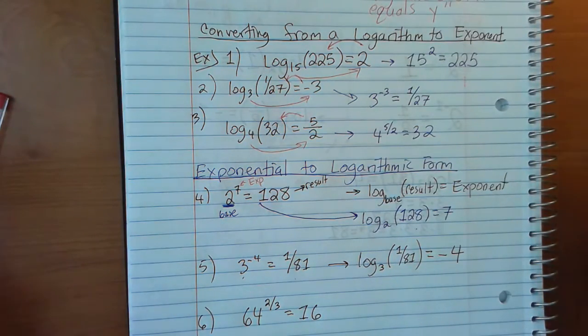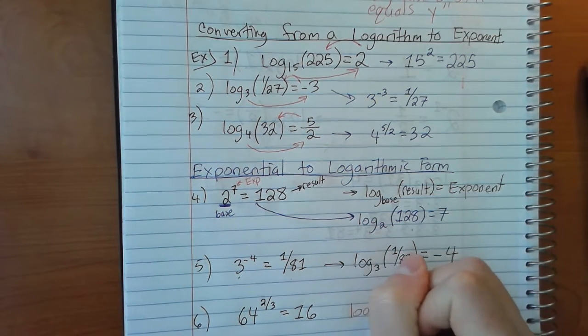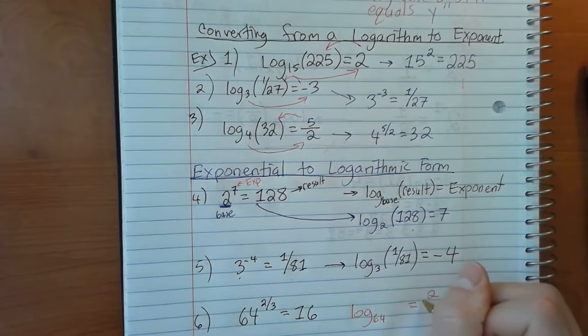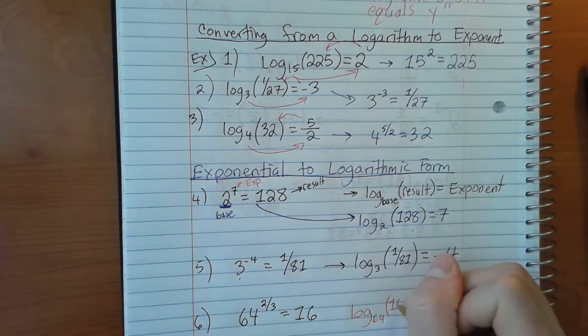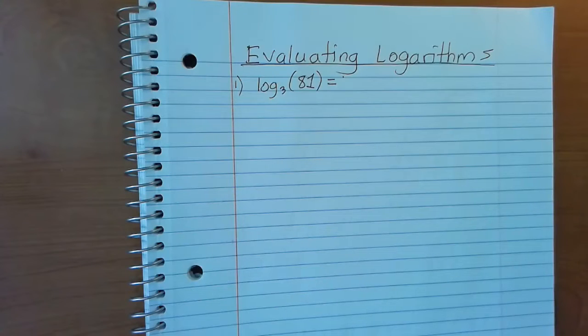All I need to remember is the base is 64, log base 64. The answer is going to be my exponent, and the only thing left is the result. It's a different way to think of it, but it's a good way to remember what order they go in.